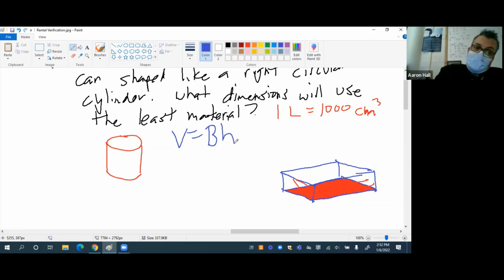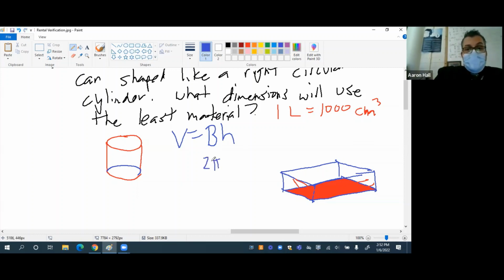Think of the cylinder. The cylinder has what kind of base? Yeah, it's a circle. Once we calculate the area of the base, we just multiply that by the height, because that area repeats itself over and over again as you go up the cylinder. What is the area of a circle?